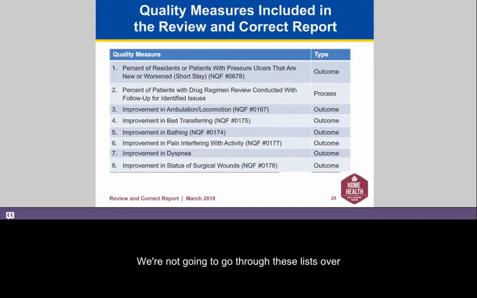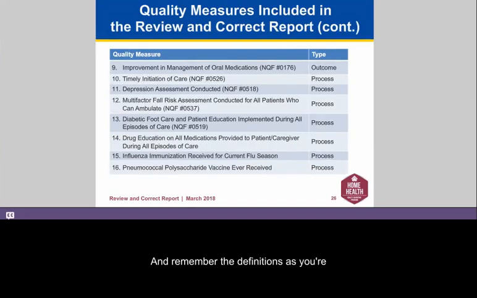We're not going to go through these lists over the next 3 slides, but this is a complete listing of the quality measures themselves. You want to take a close look at this at another time and identify which of these are outcome and which are process measures. And remember the definitions as you're looking at these different measures themselves.